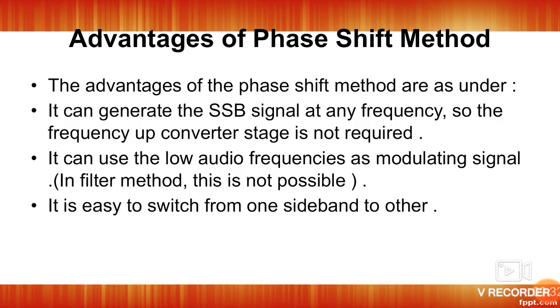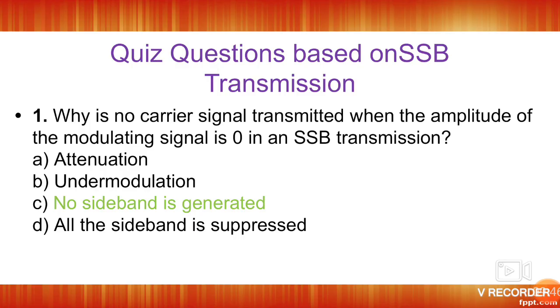As discussed earlier, there is no need of a filter. Here the sidebands can be cancelled, so the filter design and its complications are reduced in this phase shift modulator.